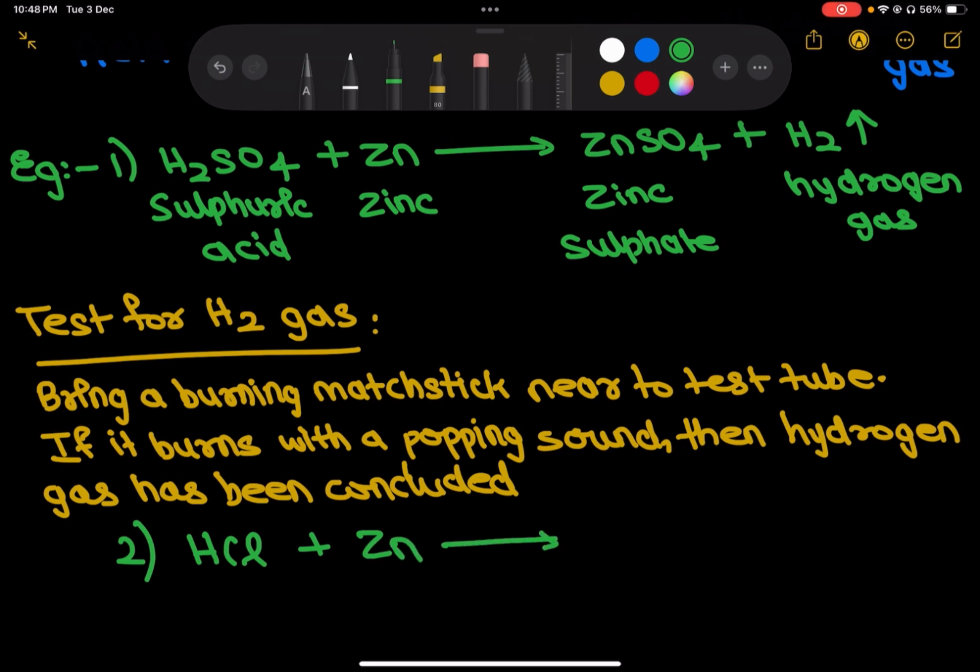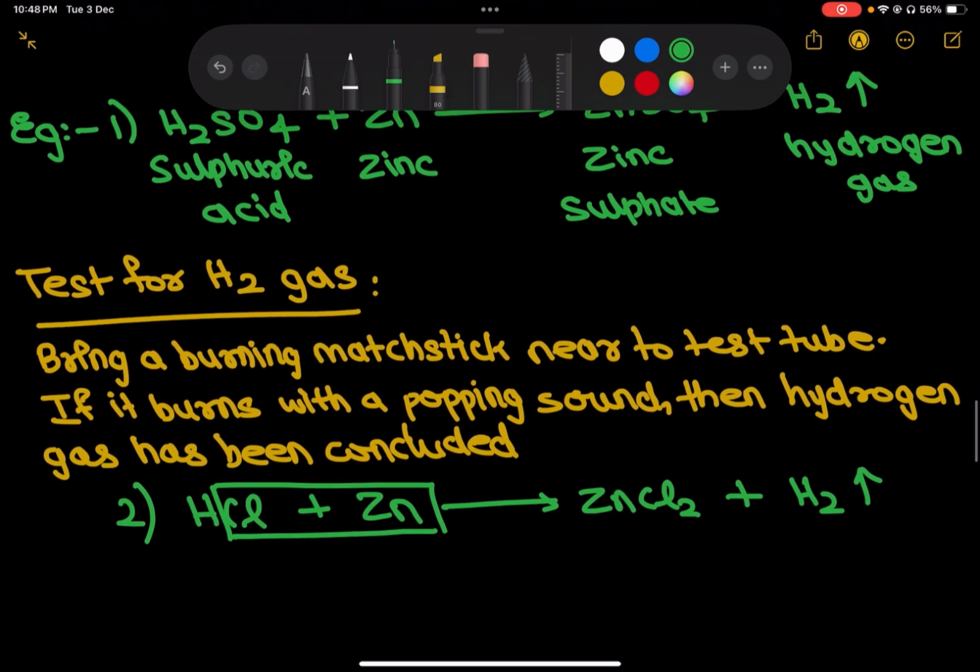So can you think and tell me what will be formed? I'll give you a hint. Okay. So basically here ZnCl2 will be formed, plus H2 gas will be evolved. ZnCl2 is zinc chloride.